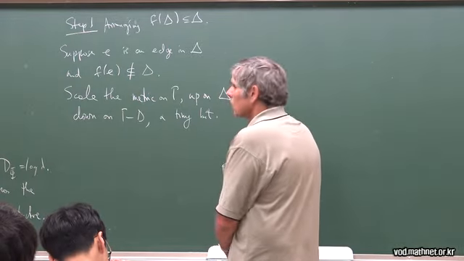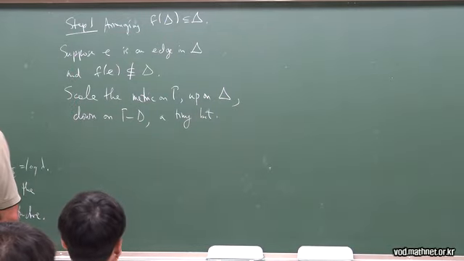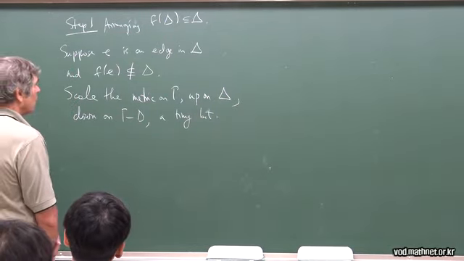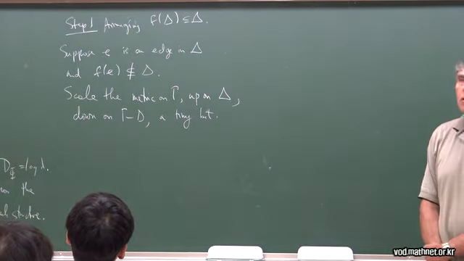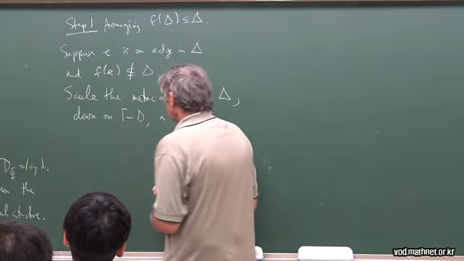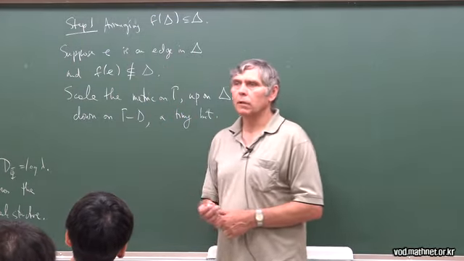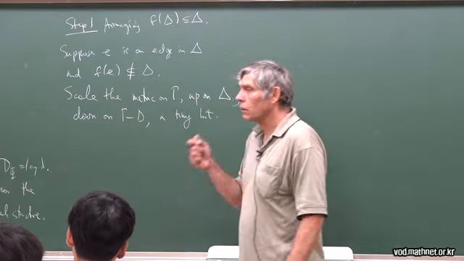So then what happens? First of all, what happens to the slopes? If I start with any edge in gamma, what is the slope of the new map? I'm still taking the same map, but I'm wondering what the slope is now.